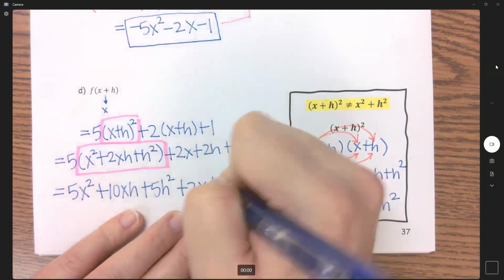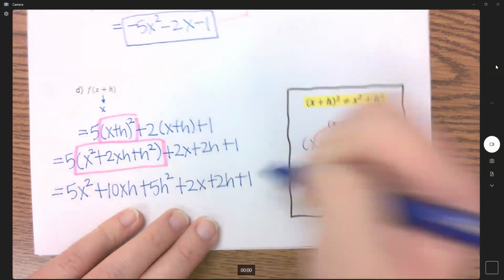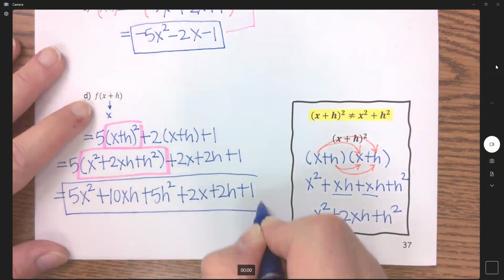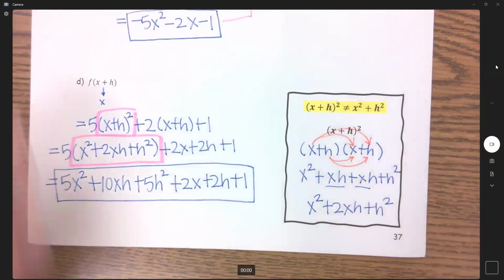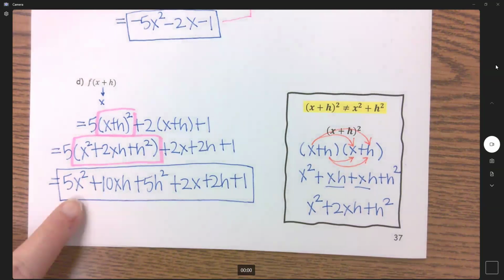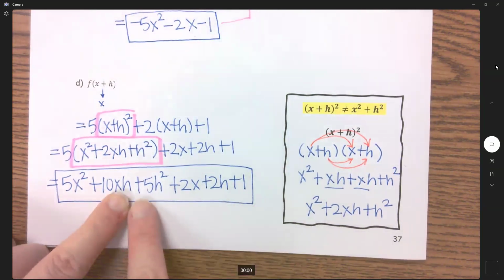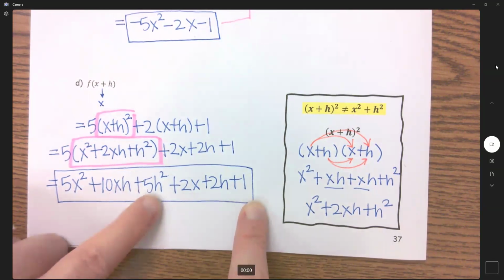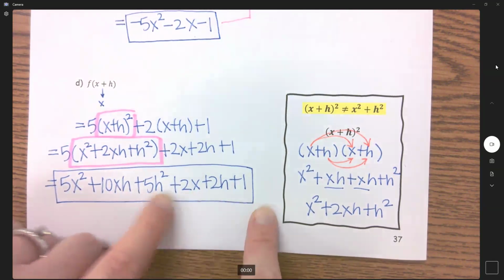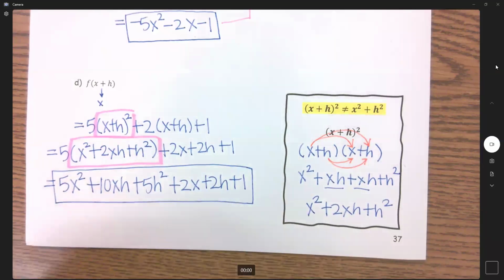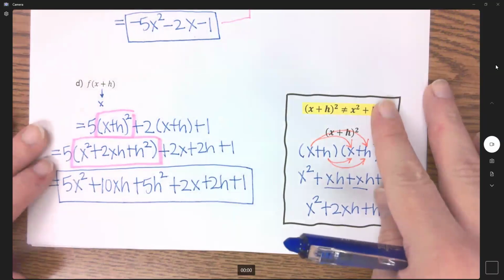Plus 2x plus 2h plus 1. This is my final answer. We have 6 different terms here, and none of them are like terms. You have an x squared. These aren't x squareds. You have an xh. None of these other ones are xh's. You have h squared, no h squared, x, no x, h, nope, constant. So that is as final as that can get.